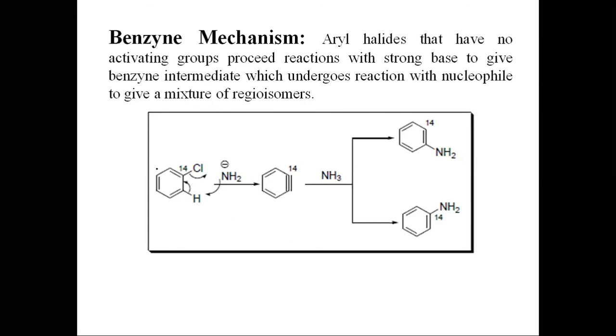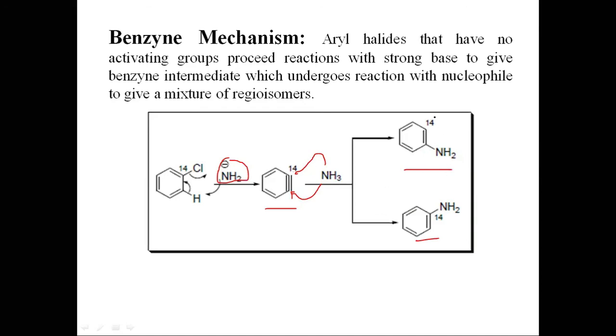Take chlorobenzene, then you need to use a strong base, NH2 minus, and deprotonation takes place from the ortho positioned hydrogen atom, then shifting of this bonded electron, and simultaneously knocks out the chloride, forming benzyne as an intermediate. Then the nucleophile can attack either at this particular position, the C14 labeled carbon, or the nucleophile can attack this particular carbon, which leads to two types of product.